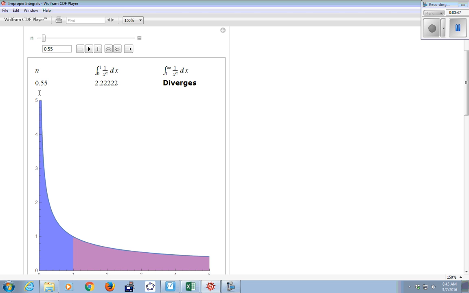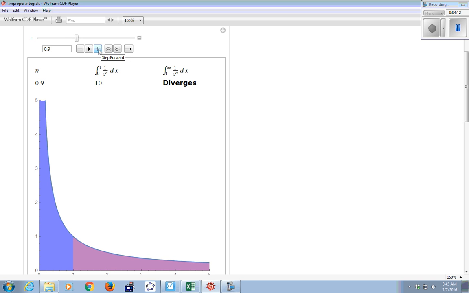There's this pink shaded area, an infinite amount of area there. So this one we say diverges, and this one we say converges. And then as I increase n, you'll see that the area that's purple gets bigger. That purple area is getting bigger. The pink area is still infinite, still says diverges.